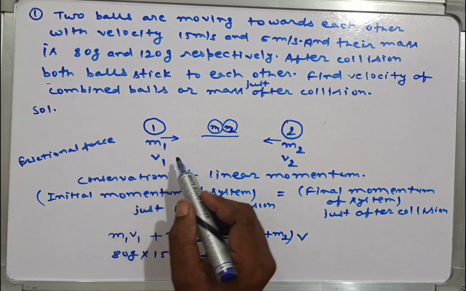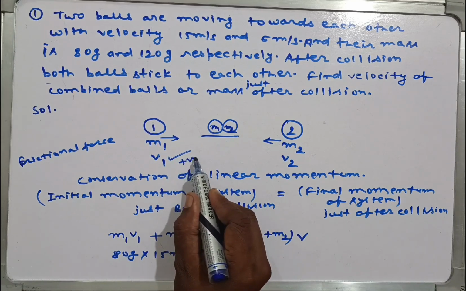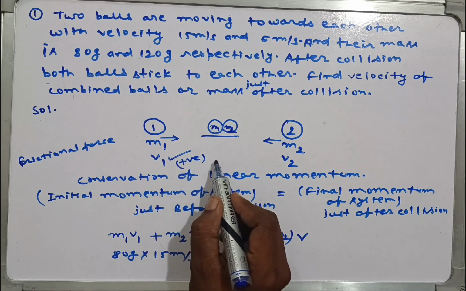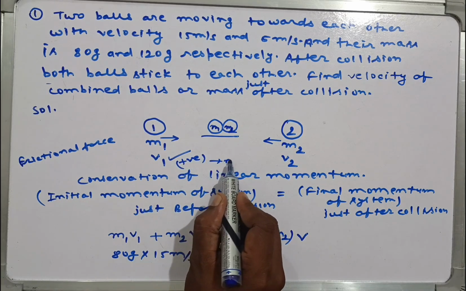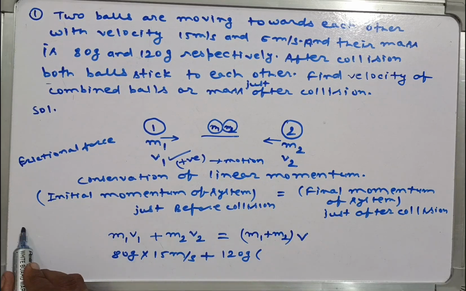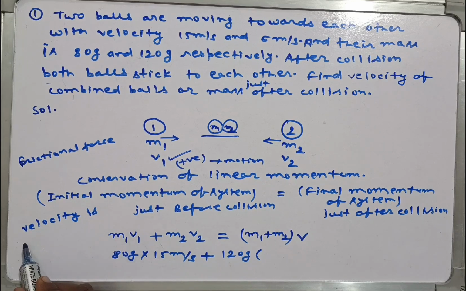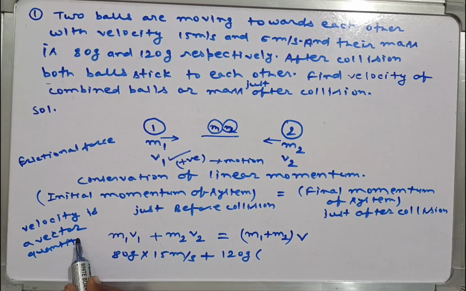Here, if we consider this direction as the positive direction of motion, because you know velocity is a vector quantity, and vector quantities can be added or subtracted.